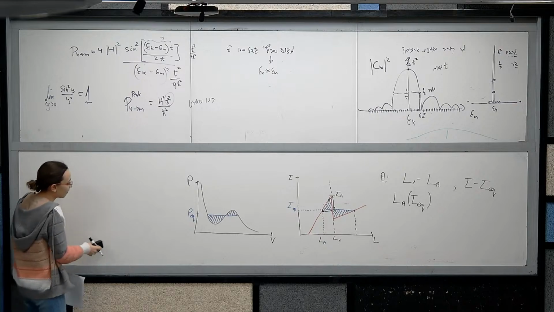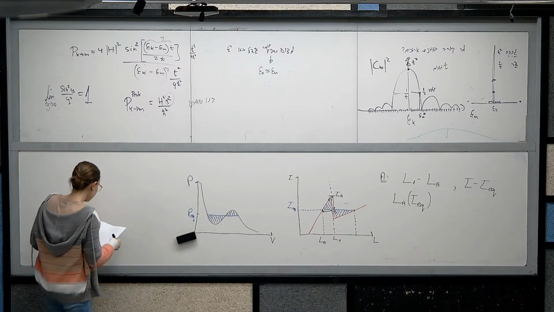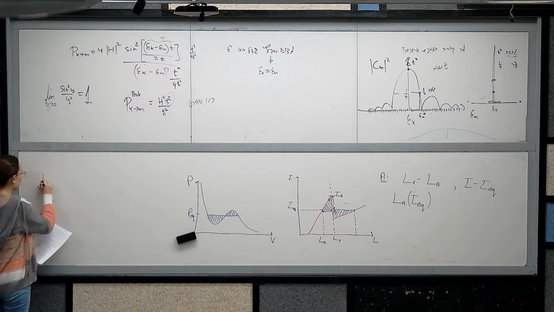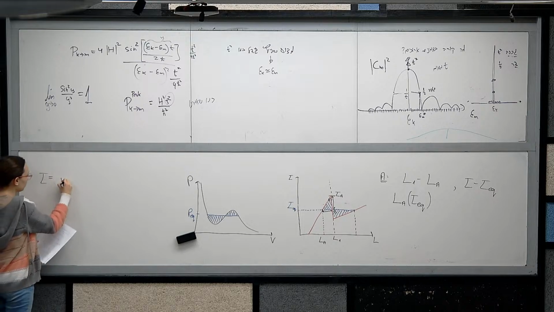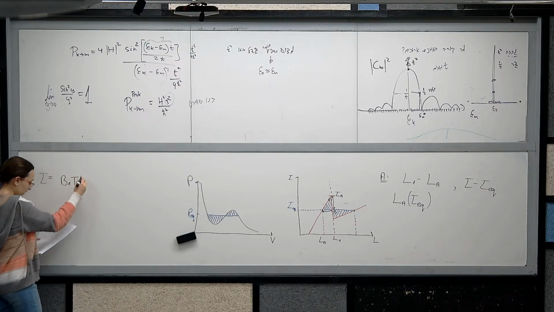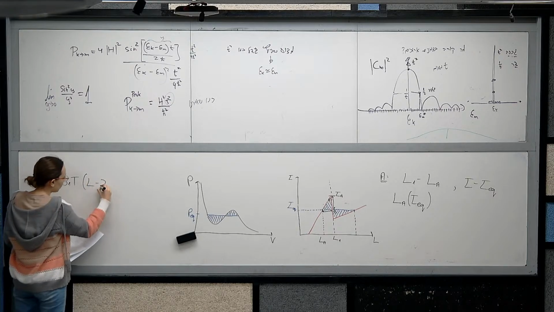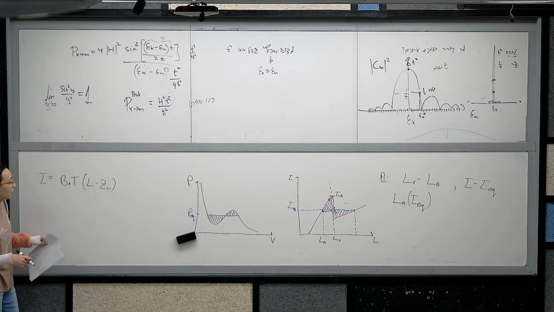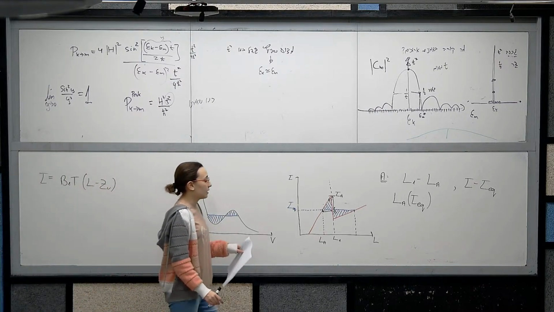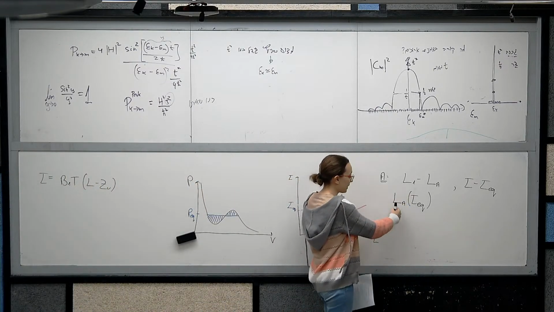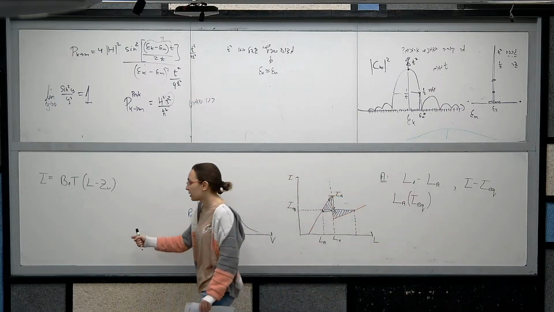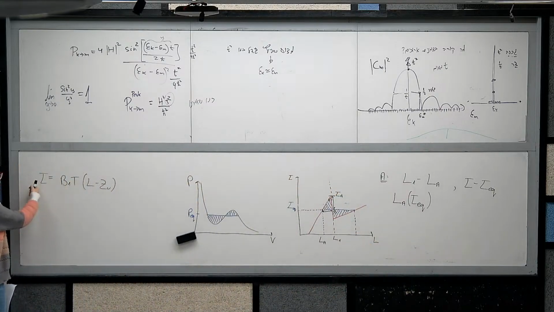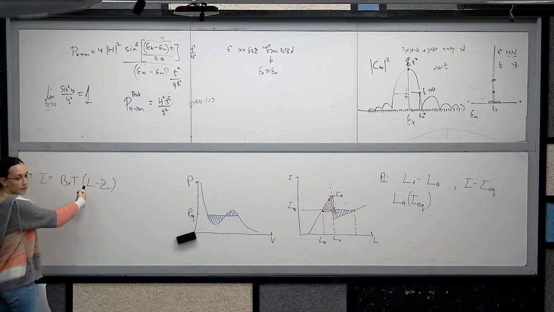Okay, so what we have for phase A, right? We know that for phase A, tau equals B1 T (L minus Z0). Okay, so to find LA, we need to insert tau equilibrium in here, and then we get the length LA for tau equilibrium.